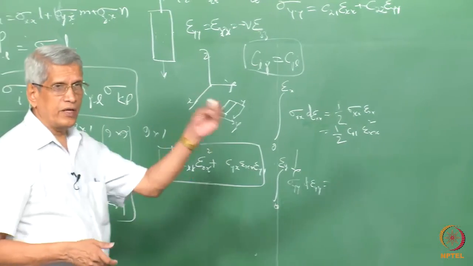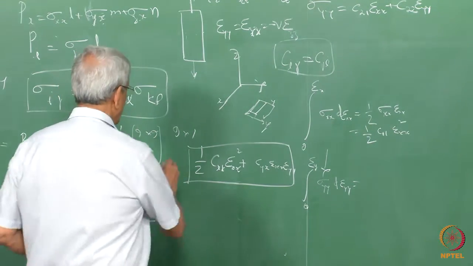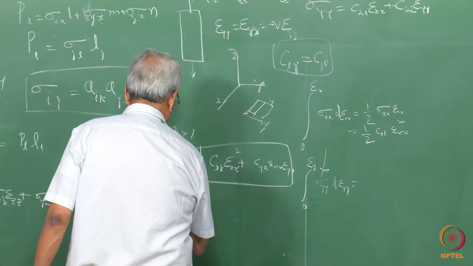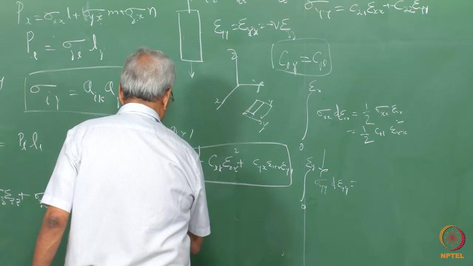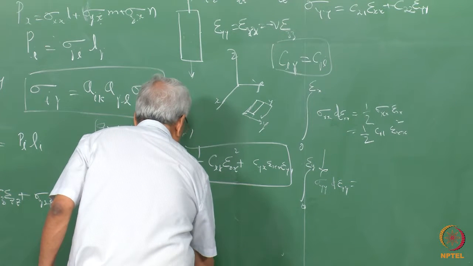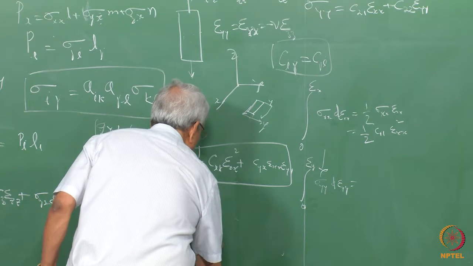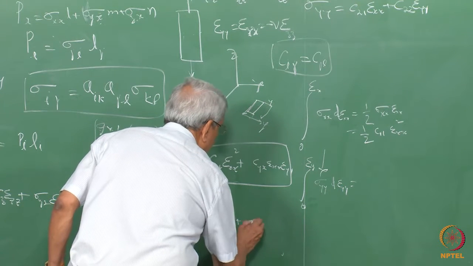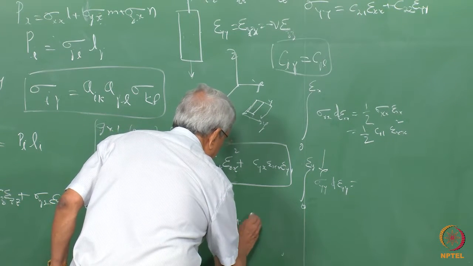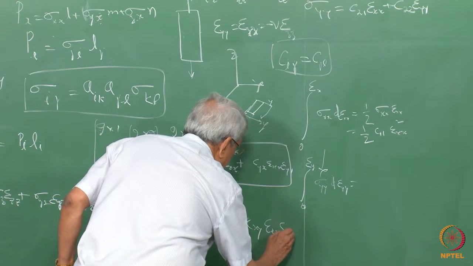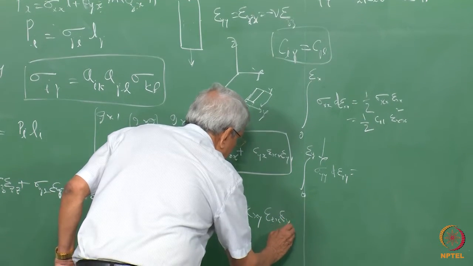If you do it the other way around, this is the total energy W. If you follow the path from 2, first applying elongation in the y direction, then in the x direction, this will turn out to be half into Cyy plus Cxy into epsilon xx epsilon yy.